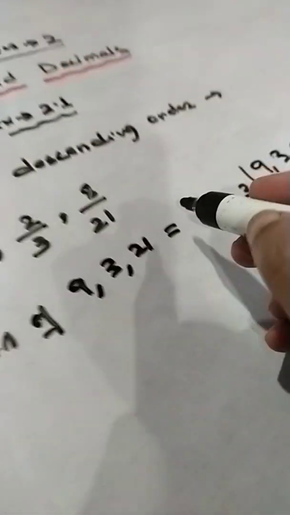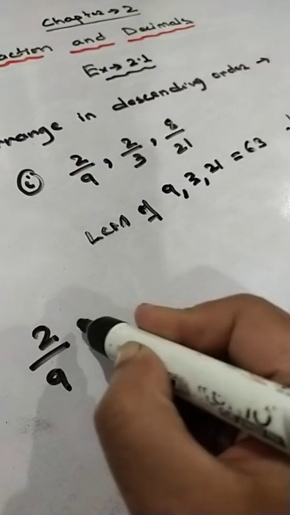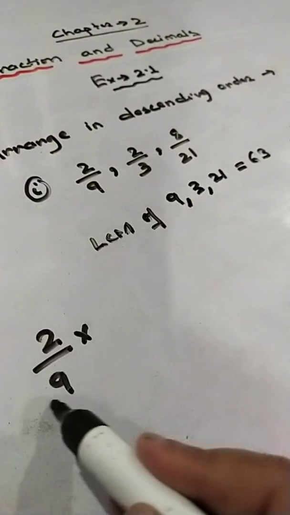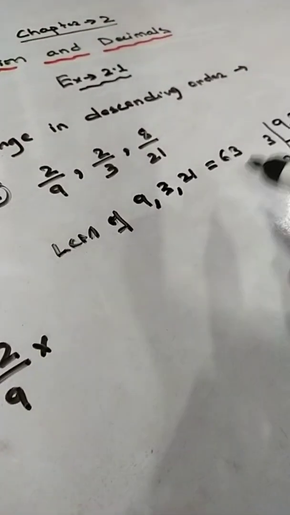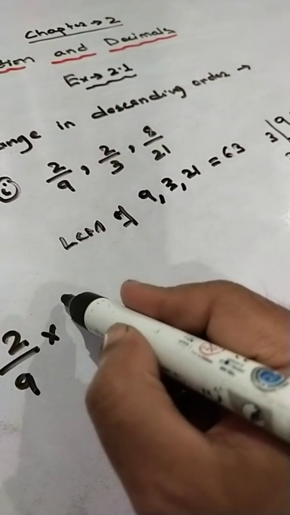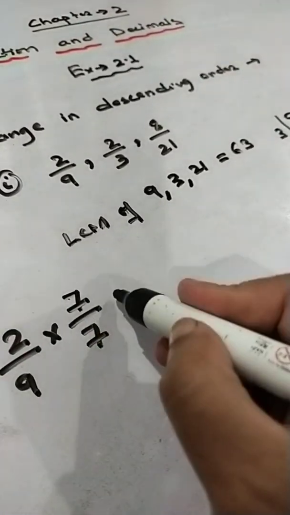Now what is the next step? We'll write this 63 here. We take the first fraction, 2 upon 9. We divide the LCM 63 by the denominator 9, and we get 7. We multiply this 7 with the numerator as well as the denominator.